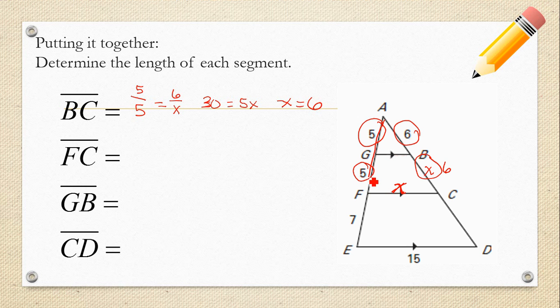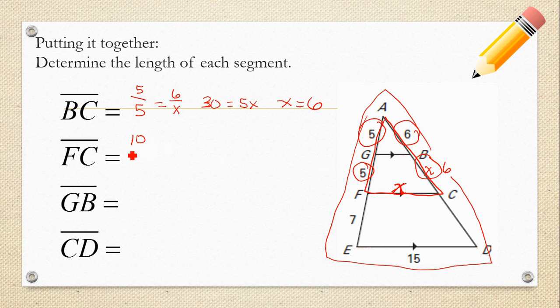Let's look at this big triangle here as one triangle. So let's say I was going to use this one as well as the big triangle that's in this picture, because I do see I have a 15 marked on a parallel side. So the littler red triangle for myself has a left-hand side of 10, just like the big triangle all the way around has a left-hand side of 17. 5 plus 5 plus 7.